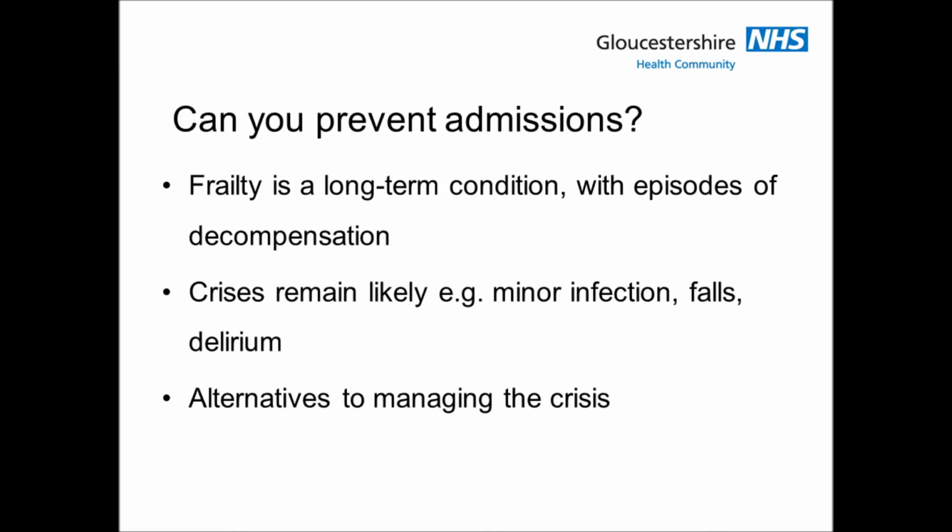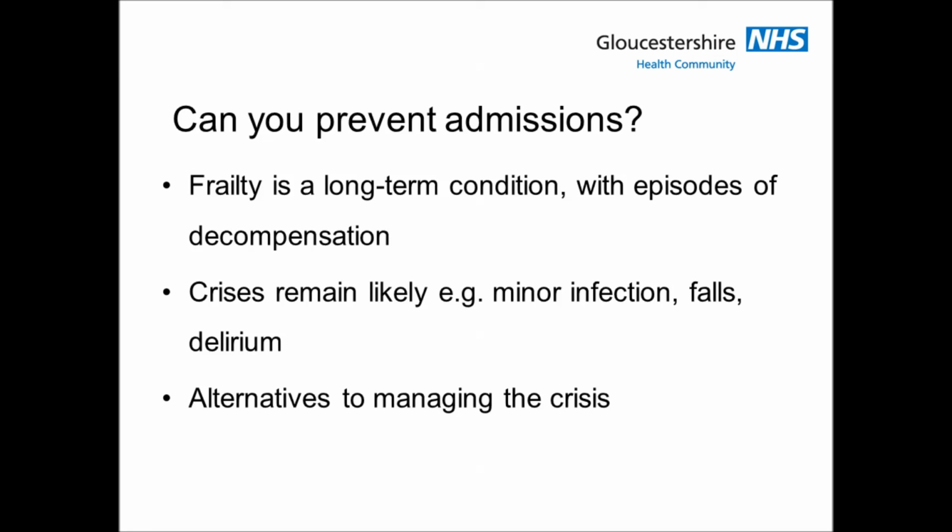Those episodes of, we might call them decompensation, are going to happen, but we don't necessarily need to admit the person to hospital at that time. And so it's a matter of finding other ways of supporting, exactly as you say, Hein, by working with our colleagues in social care. So crises will occur, but I think we can find other ways of supporting them collaboratively, working together.